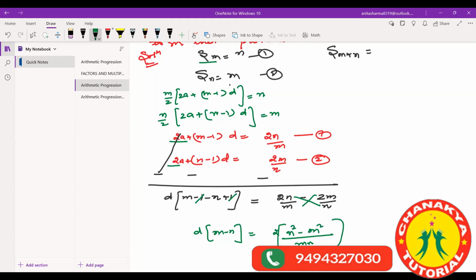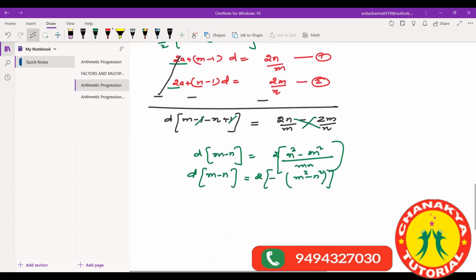Right, beta? Now take that minus also common. Yes, beta, I will take minus 1. So m minus n is equal to 2 times, taking minus common, m square minus n square.